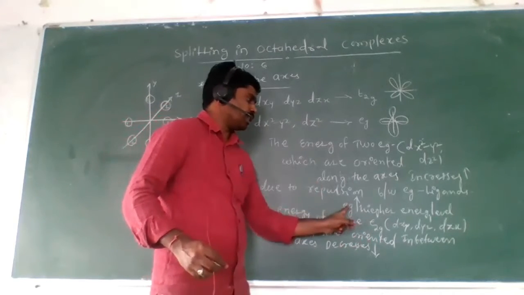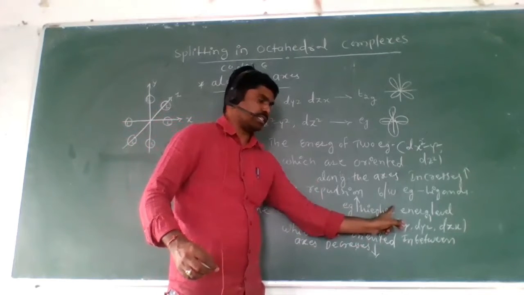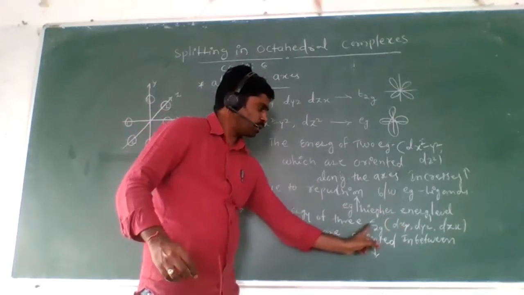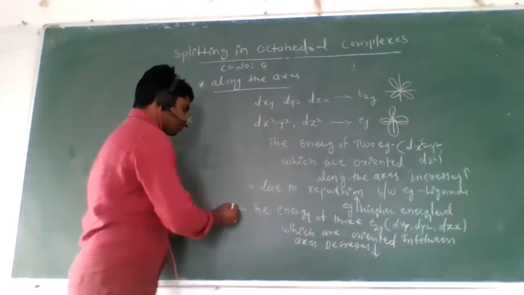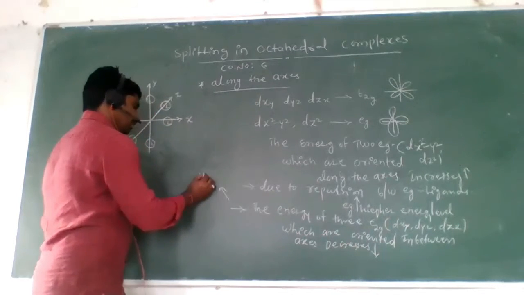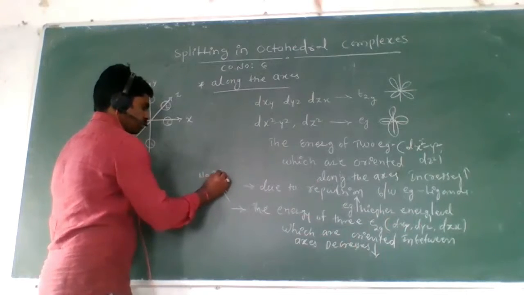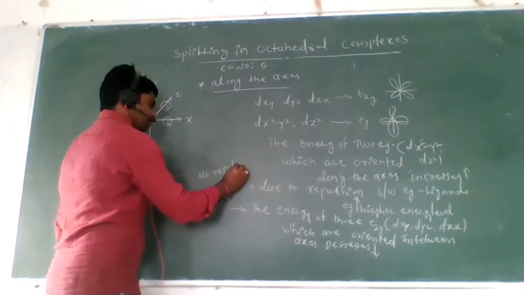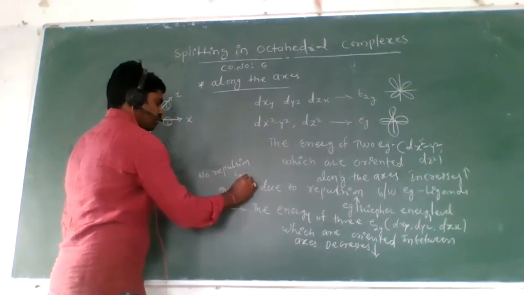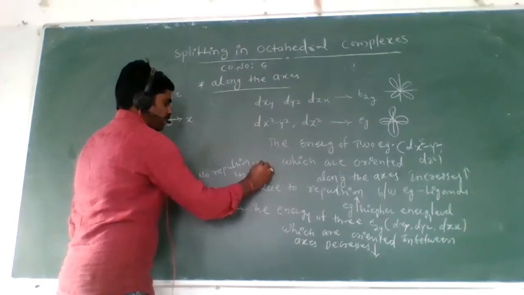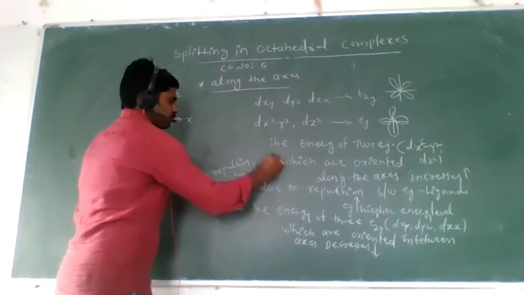Sorry, the Eg orbitals' energies increase, and the T2g orbitals' energy decreases, because there is no repulsion between the T2g orbitals and the ligands. Is that clear?